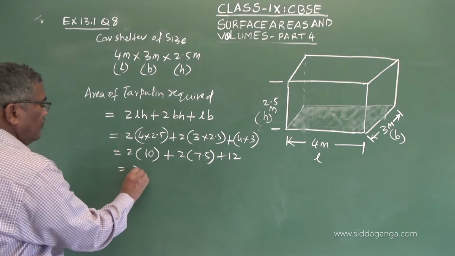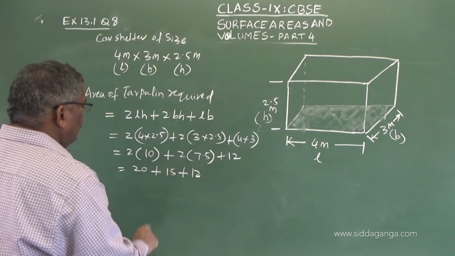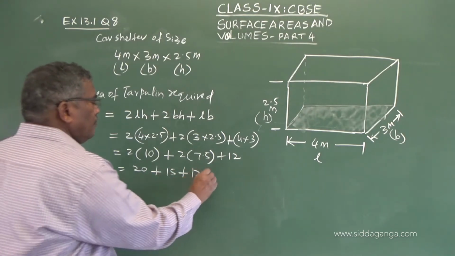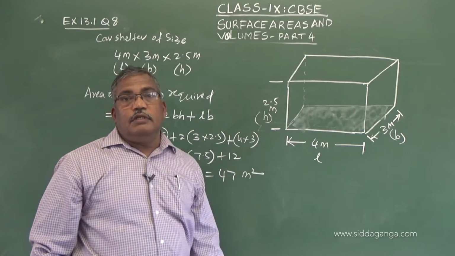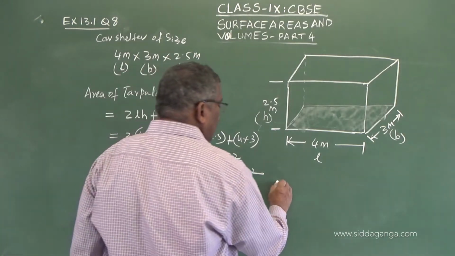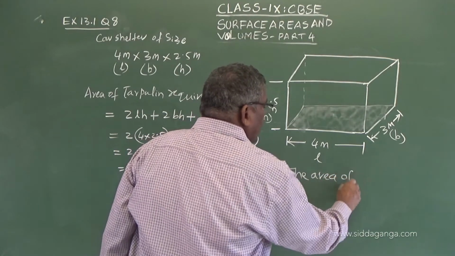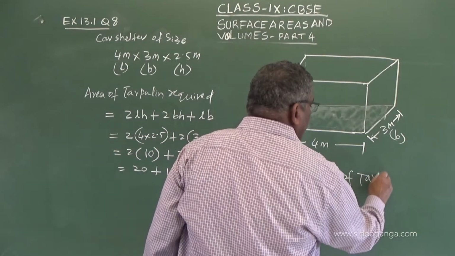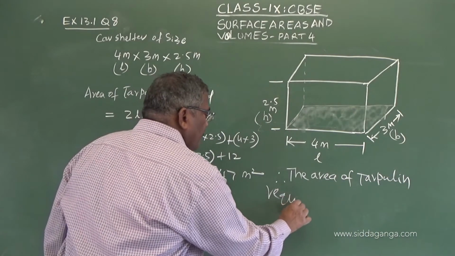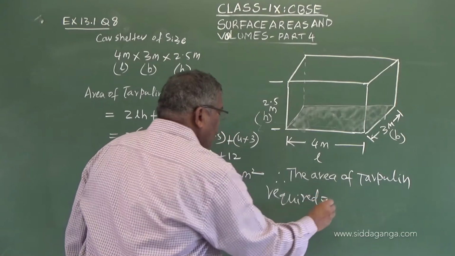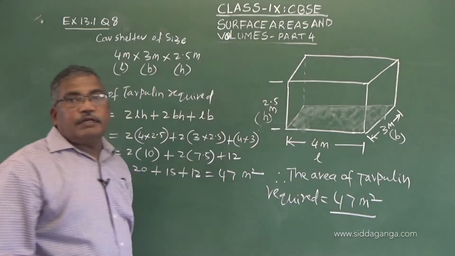We will get 20 plus 15 plus 12. 20, 30, 40, 47, you will get 47 meter square. So therefore, the area of tarpaulin required equals 47 meter square.